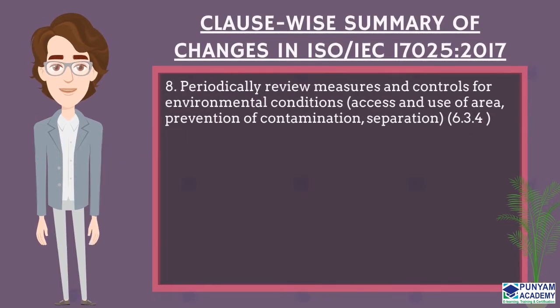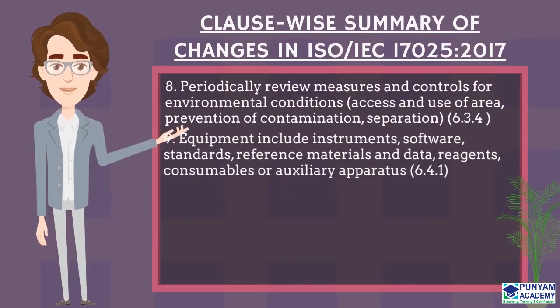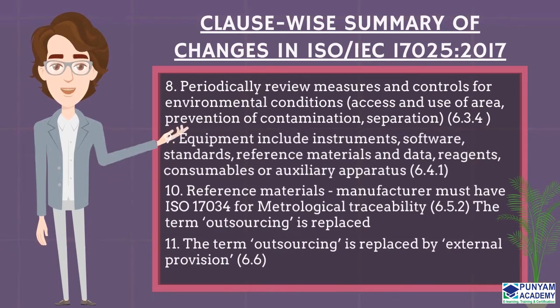Periodically review measures and controls for environmental conditions, access and use of area, prevention of contamination, separation in Clause 6.3.4. 9. Equipment includes instruments, software, standards, reference materials and data, reagents, consumables or auxiliary apparatus in Clause 6.4.1. 10. Reference materials manufacturer must have ISO 17034 for metrological traceability in Clause 6.5.2. 11. The term outsourcing is replaced by external provision in Clause 6.6.